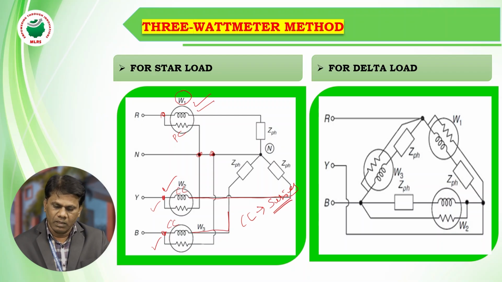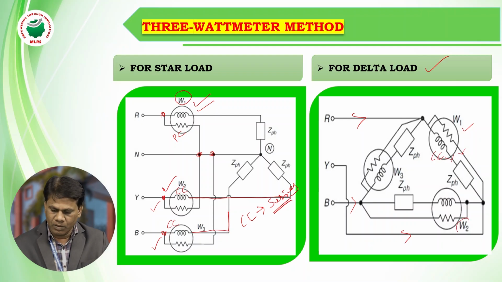Similarly, for a delta connected load, this is R, this is Y, and this is B phase. In each phase one wattmeter is connected, wattmeter 1 in the R phase. Here also the current coil is connected in series with the line, and the pressure coil is connected between these two lines.